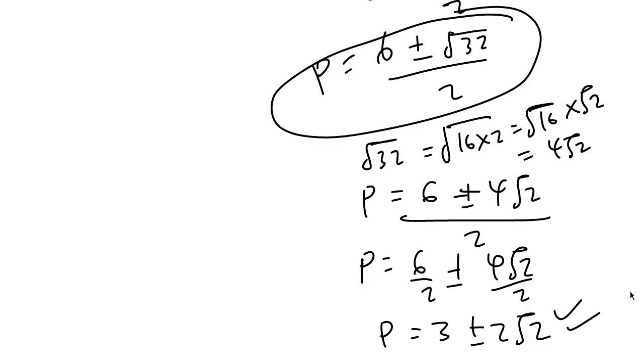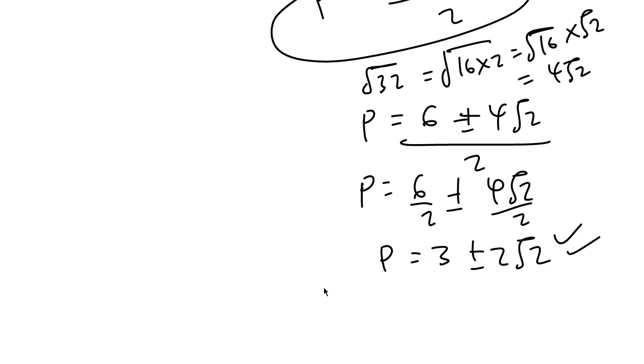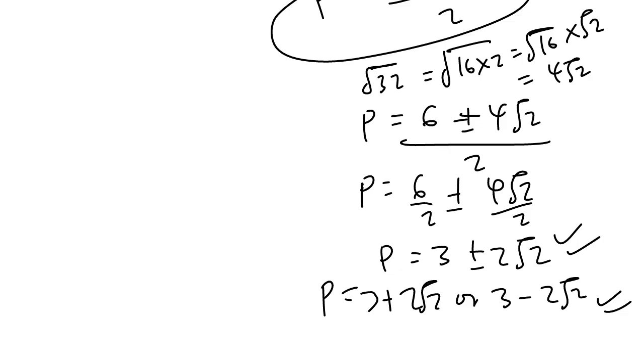Do you get? So p is 3 plus or negative 2 root 2, which implies that p is 3 plus 2 root 2, or what? 3 minus 2 root 2. And that is the answer to the question, right? So let's take this miscellaneous question now.